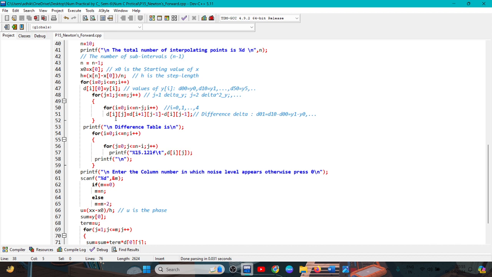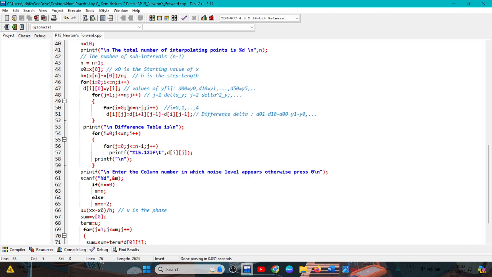And next, the innermost loop, the i loop: for i equal to 0, i less than or equal to n minus j, i plus plus. So initially j equal to 1 and i equal to 0. Then the last value of i is n minus j, where n equals 9.